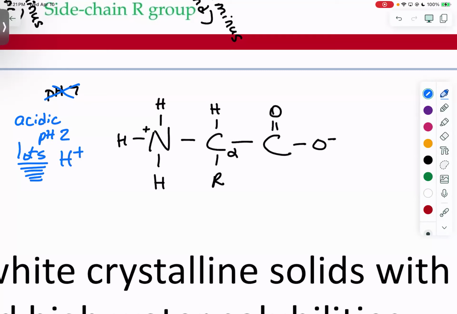So if I have extra protons, where would that extra proton go? The nitrogen's full. The alpha carbon can't take anything. But that carboxylate could turn into a carboxylic acid, right? All I'd have to do is add that hydrogen. So at a very acidic pH, this amino acid would be positively charged.